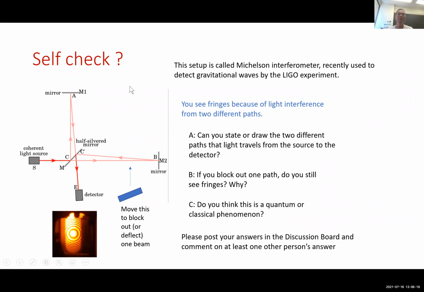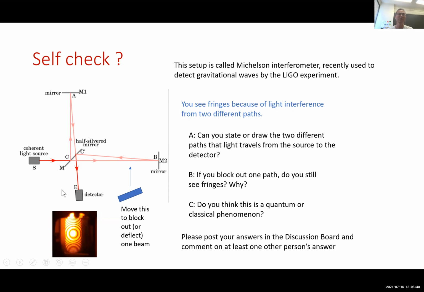And here is a self-check. I show an experimental setup. There is a light source coming through a beam splitter. The light splits and goes to a mirror and bounces back, and this other branch of light also bounces back from a mirror, and they collect at this detector.